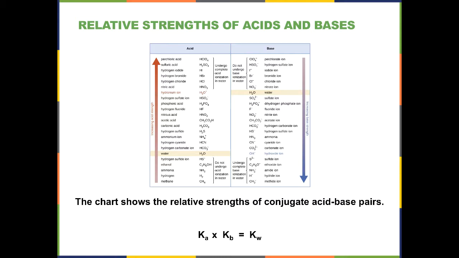And so what this ends up being is if you take the equilibrium constant for an acid times the equilibrium constant for the conjugate base, you get the equilibrium constant for water. So the larger the Ka, the smaller the Kb has to be. Conversely, the larger the Kb, the smaller the Ka. And that's why these two relationships are inverse this way.